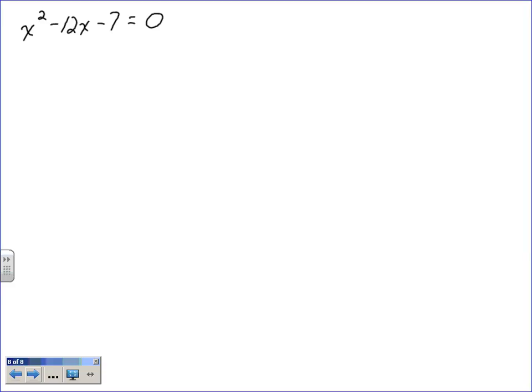Let's take that 7, which is called a constant, and bring it over to the other side of the equal sign. We do that by adding 7 to both sides. The more work you show, the less mistakes you make. So I have x squared minus 12x. Notice I left a little room there.